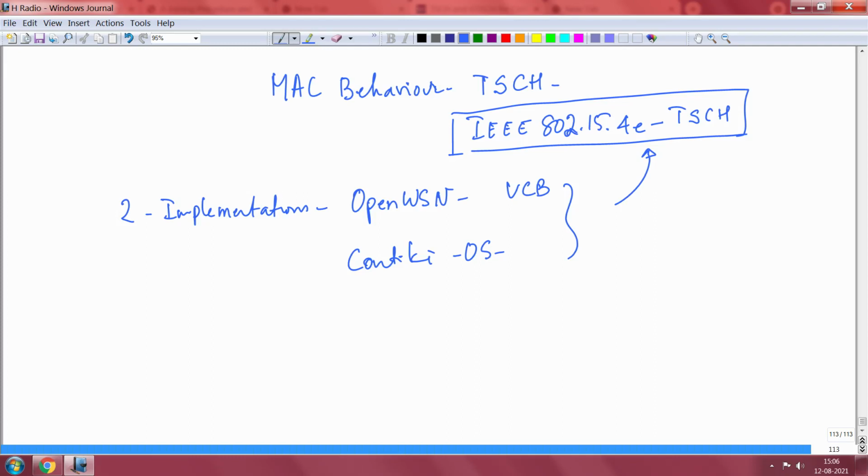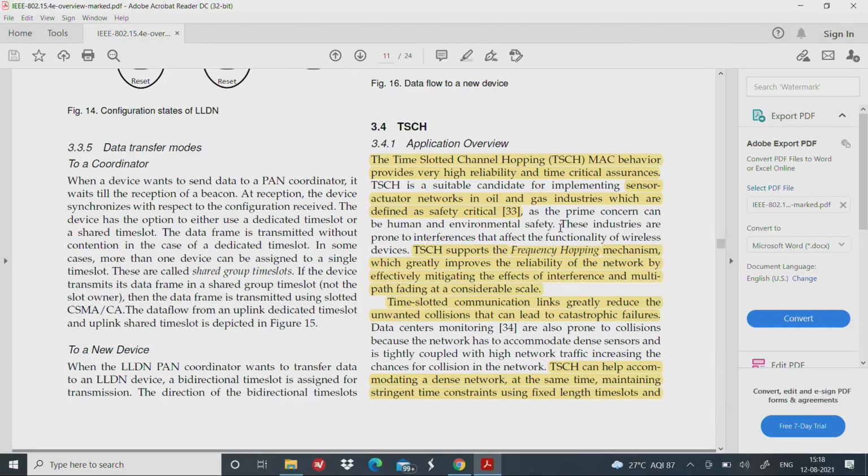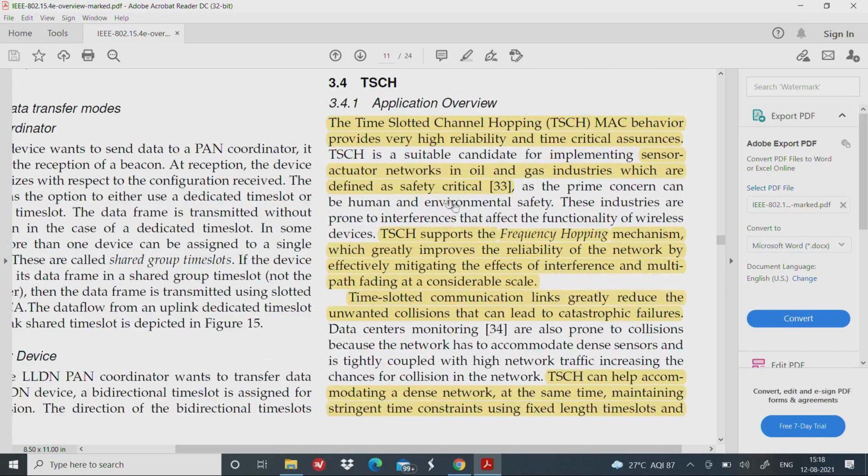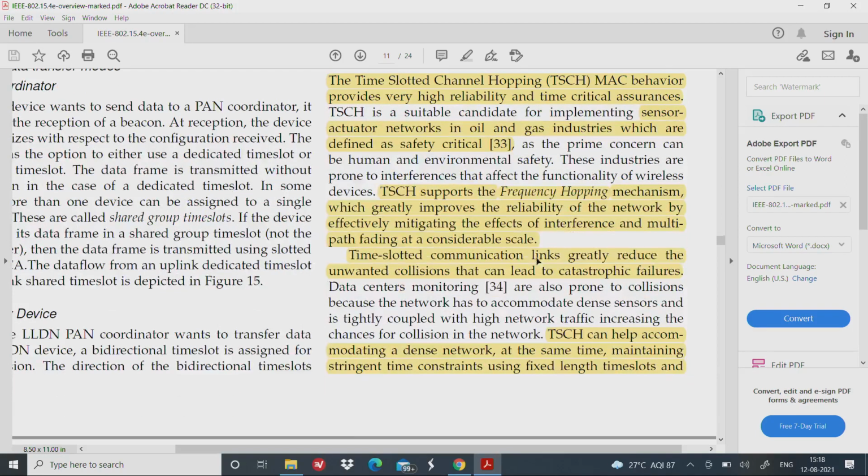Let me point you to this paper here. This one says that the TSCH protocol is a MAC behavior, and it provides reliability and critical assurances, and it says that it can be applied for networks such as oil and gas industries and so on, wherever safety critical applications are of prime importance, and it does frequency hopping, and that supports a mechanism which greatly improves the reliability of the system, right.